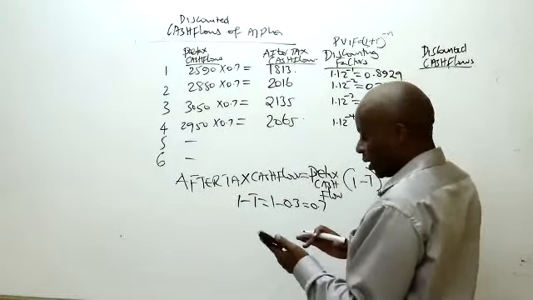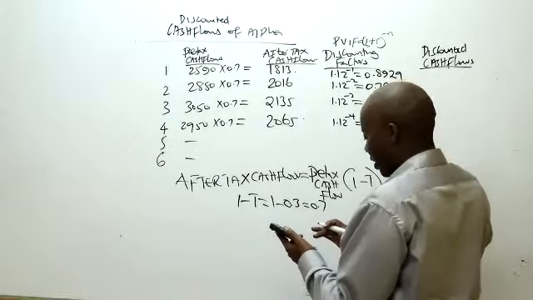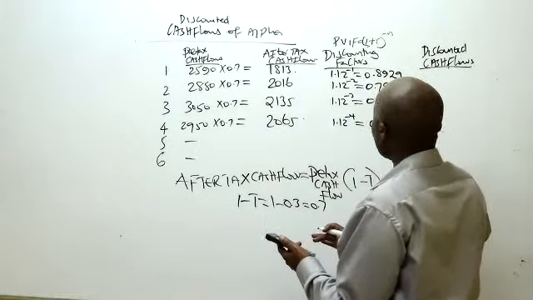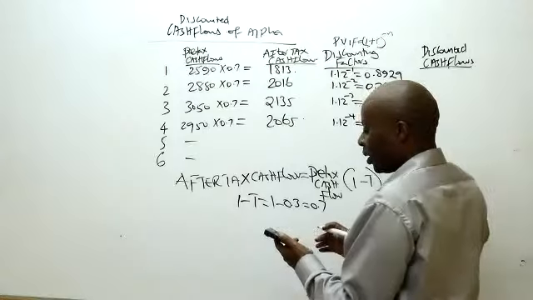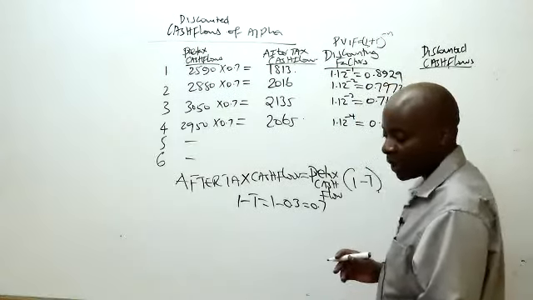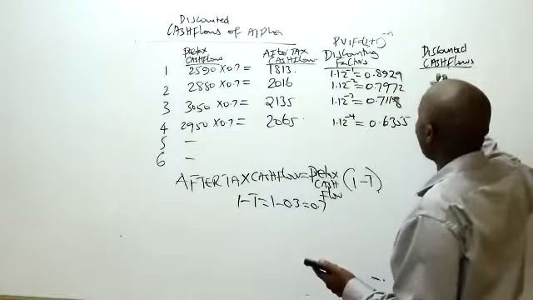Please check for me whether there is any question there. We need to move together with this series of mine. 1813 times 0.8929 equals 1618.83. We can decide to work with 2 decimal places for the discounted cash flows.